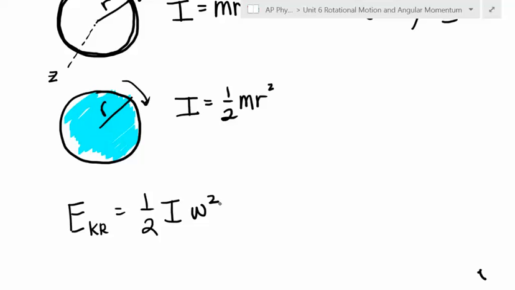And omega describes how the whole system is rolling, how it's spinning. We have to be careful because sometimes an object can move without rolling, or it can be moving and rolling, or it can just be rotating. So you have to really read and be careful. Is this object just spinning, or is it rolling and moving? How is it behaving?